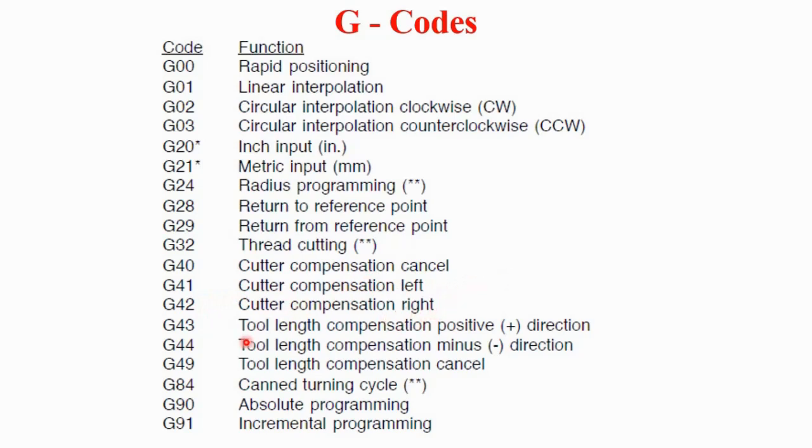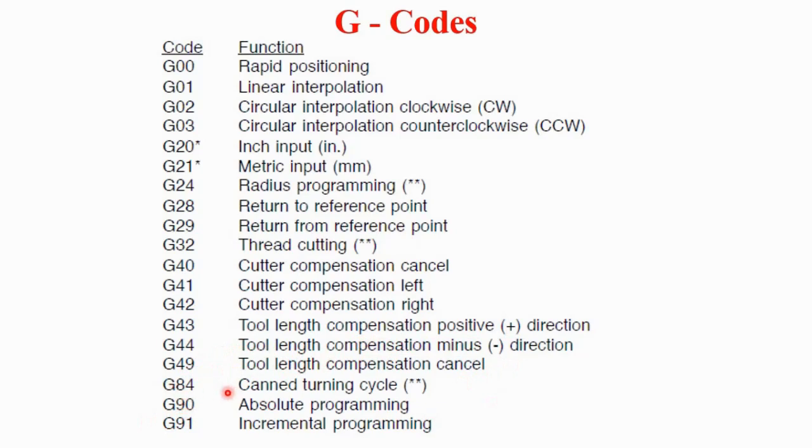Similarly, G43 and G44 are used to represent tool length compensation in positive and negative direction. And G49 is used for tool length compensation cancel. In order to cancel tool length compensation, G49 is used.